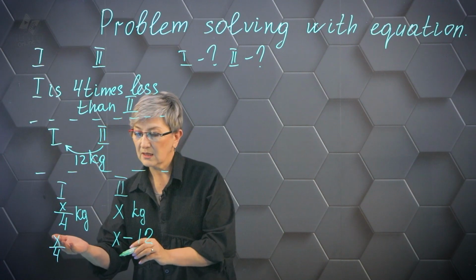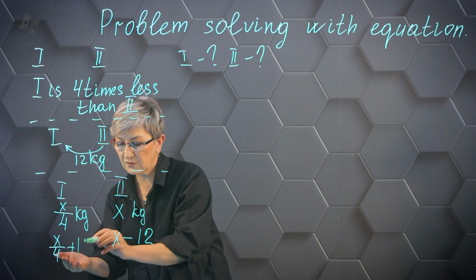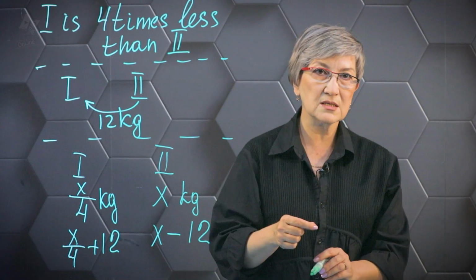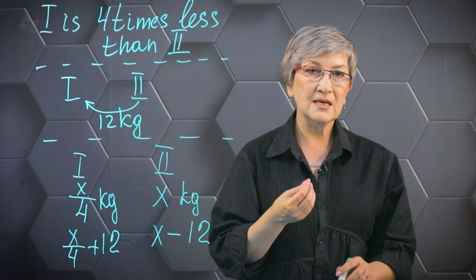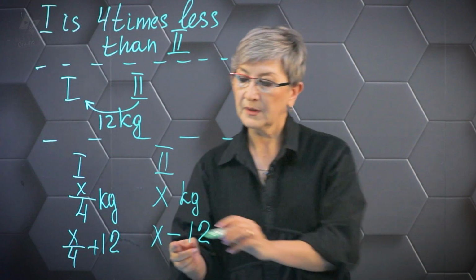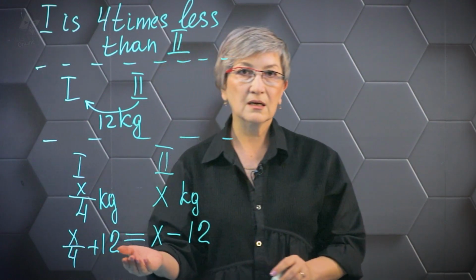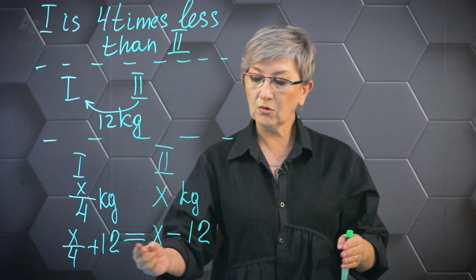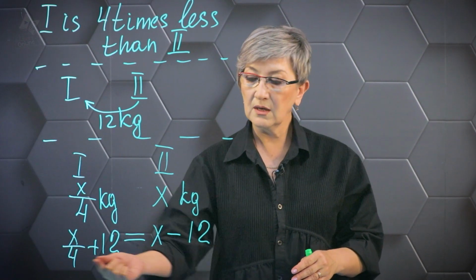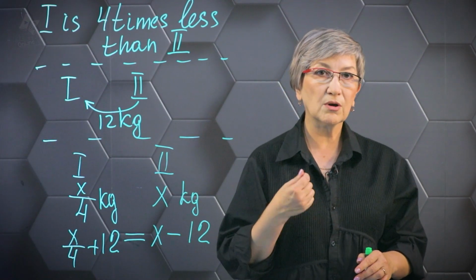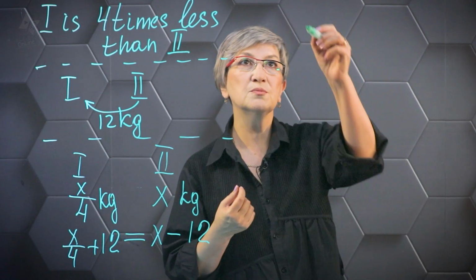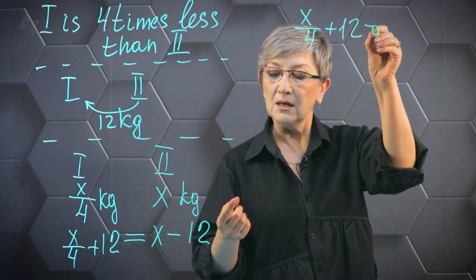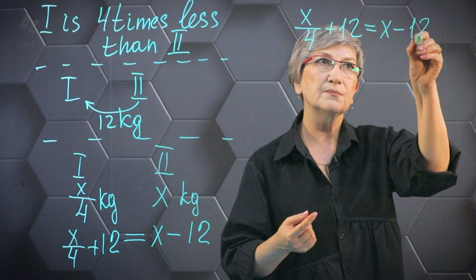The result is X divided by 4 plus 12 in the first box, and X minus 12 kilograms in the second box. The mass of these boxes became equal, so we equate the first box and the second box using the equal sign. As a result, we have an equation that we can solve. I'm going to write X divided by 4 plus 12 equals X minus 12.